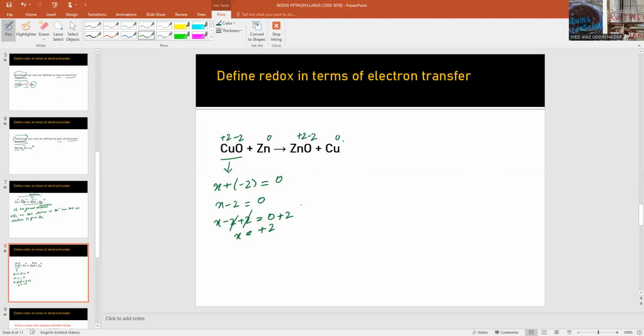Therefore, Zn has undergone oxidation by losing 2 electrons. Zn is oxidized to ZnO because it has lost 2 electrons.